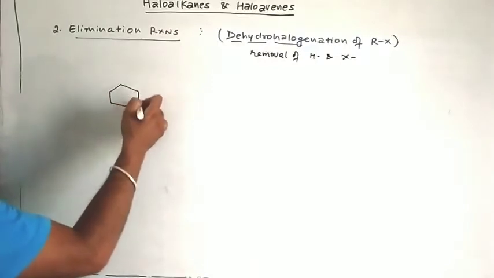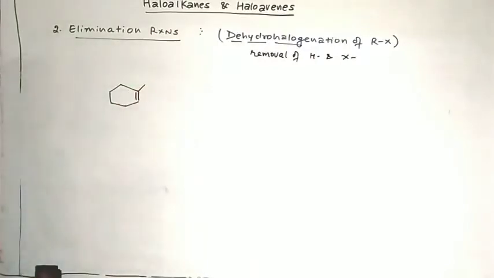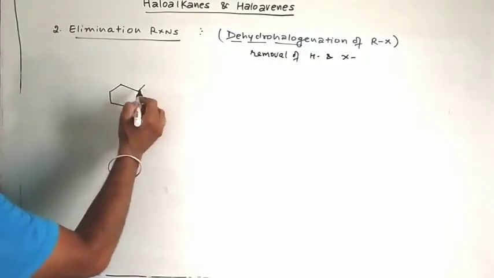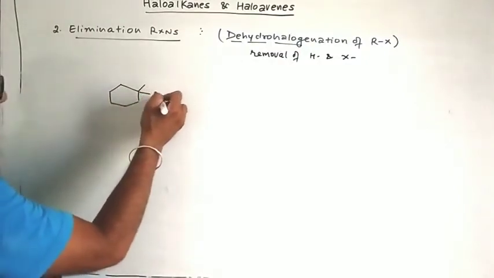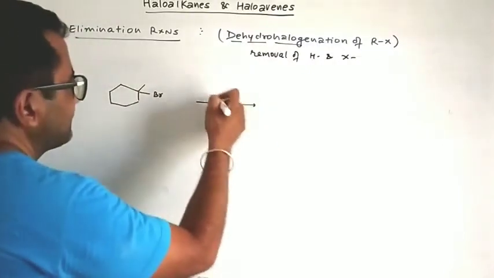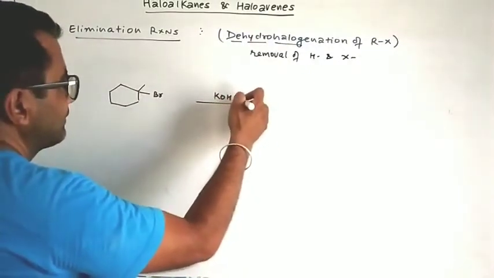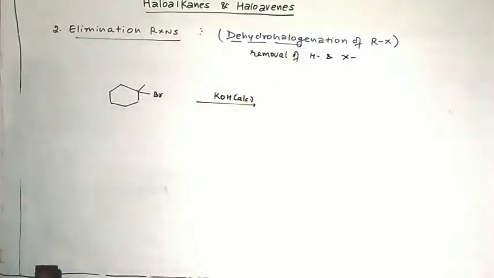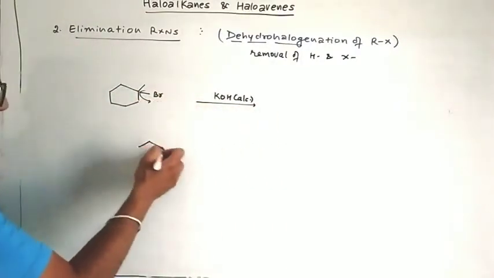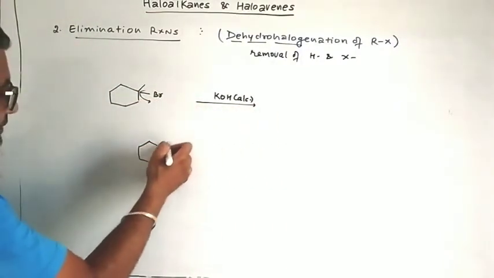Suppose this is your alkyl halide. Adding KOH will produce alkene. So first of all, when this bond is removed, you get this carbocation.